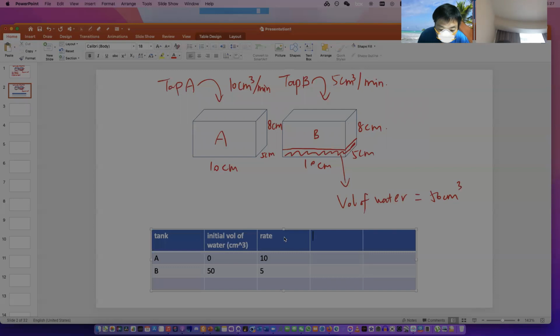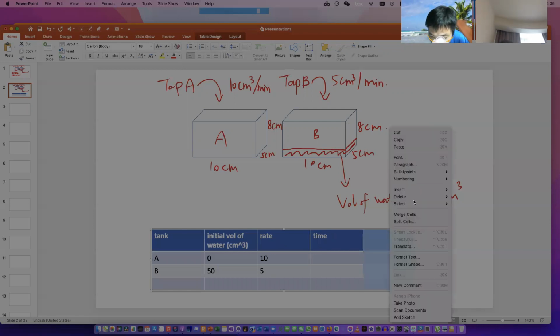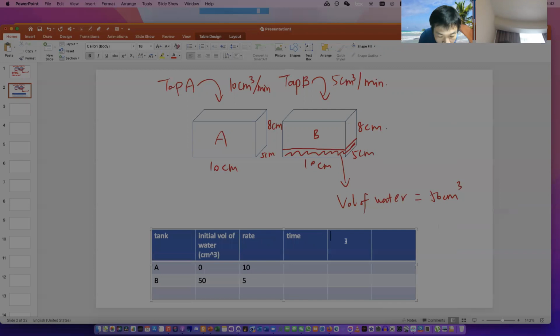And then after that, the heading for this column should be time. Oh, I think I need to add one more column, so let me insert one more column to the right. Okay, good. So after this will be the volume of water by the tap, and then of course this will be the final volume of water in the tank.